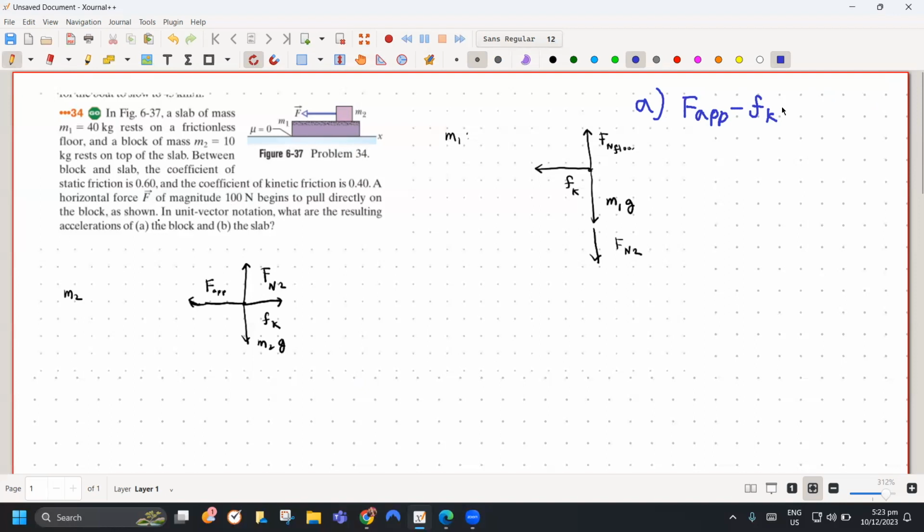Tapos instead of FK, Fs muna. So gawin muna natin yung static friction case. Ang gusto natin malaman, pag kinompute natin, assuming static friction is operant, is mu Fn greater than or equal to the static friction na makakalkula natin.